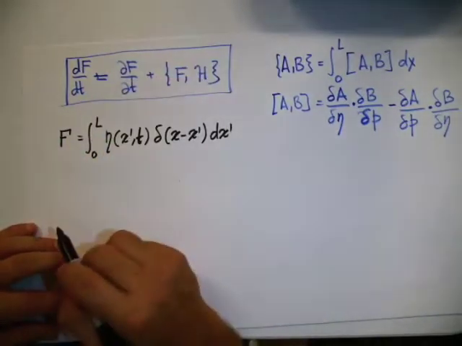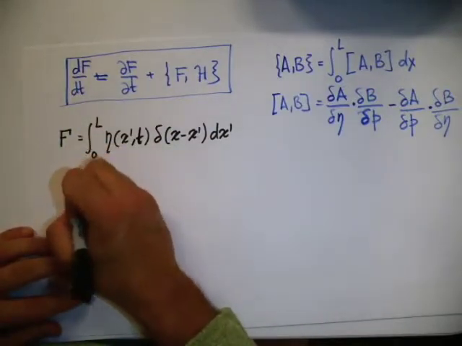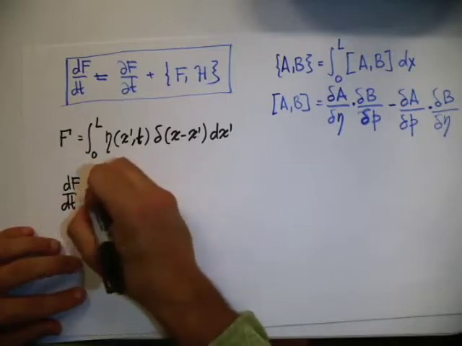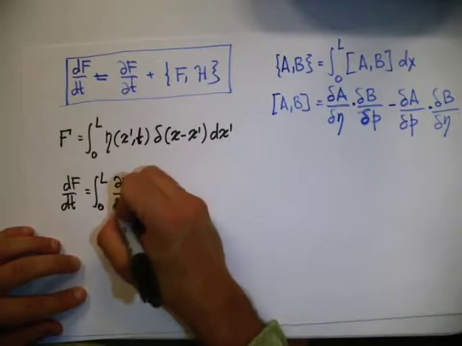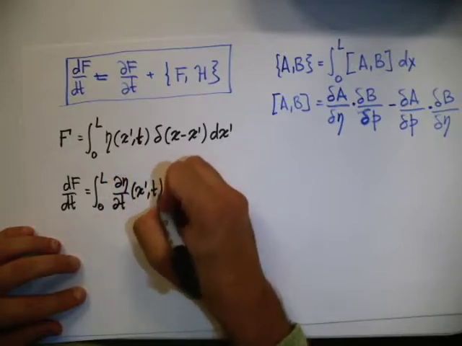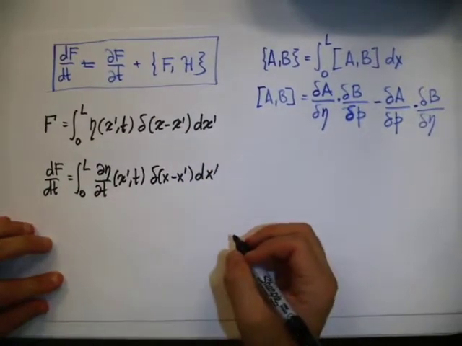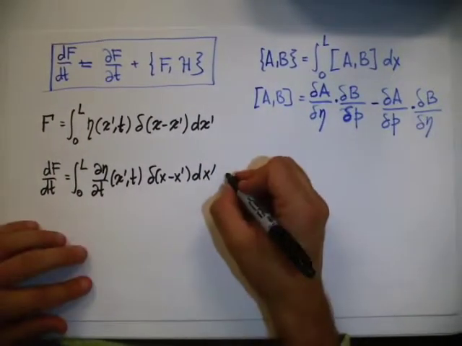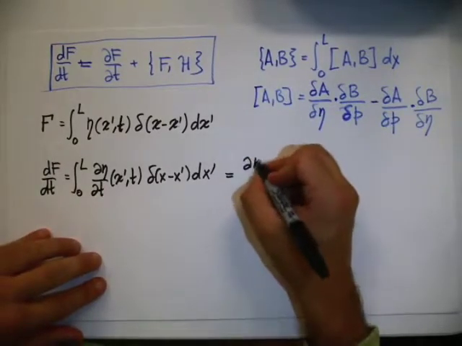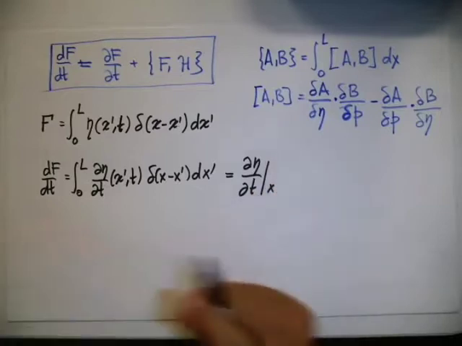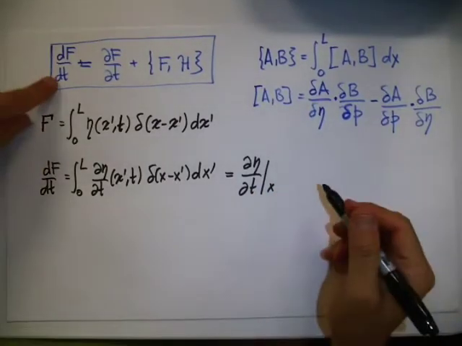But I have this df dt, which in this case is equal to the integral between 0 and L of d eta dt at x prime, t, delta of x minus x prime, dx prime, which, applying the localization property of the delta, is d eta dt applied at x. So I know already that this total derivative is going to be equal to this.